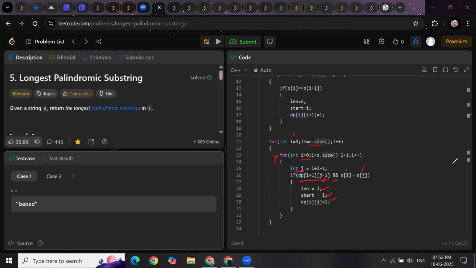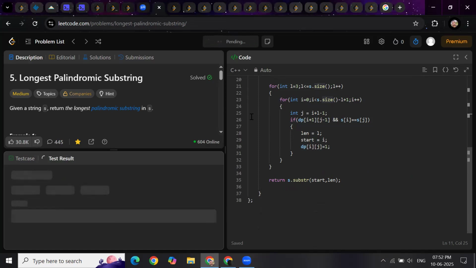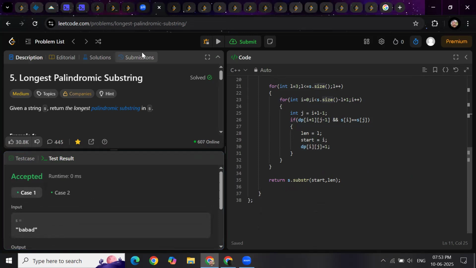After completion of this, I'm returning the result as s.substr with the starting position and length of the substring. Okay, so let's run this code. Right, passing all the given test cases, let's submit it.